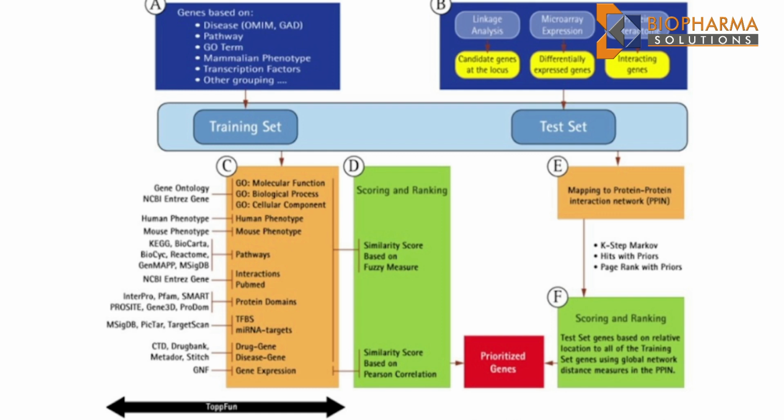Based upon that, the training set is made. Once you get the training set, again you may think of C, whatever terms are included in C. We'll be using GO in detail, like molecular function, biological process, cellular component.